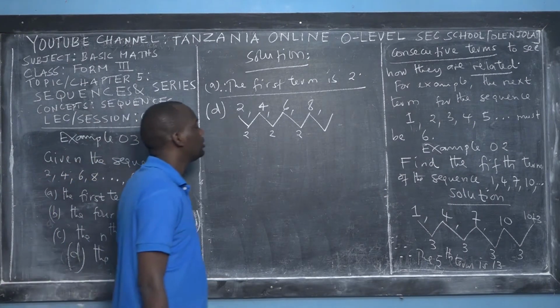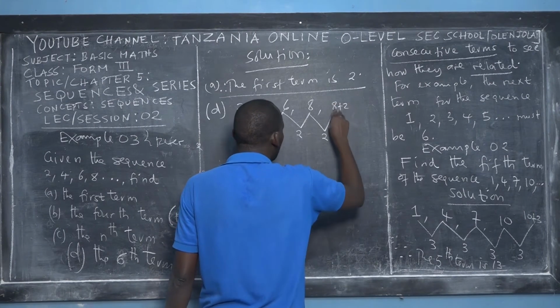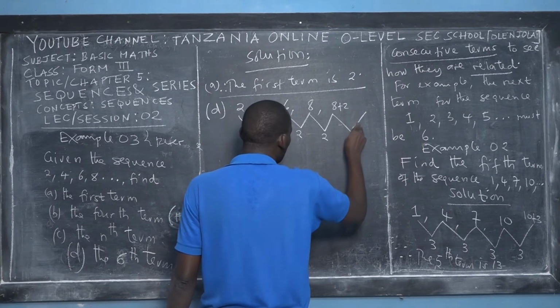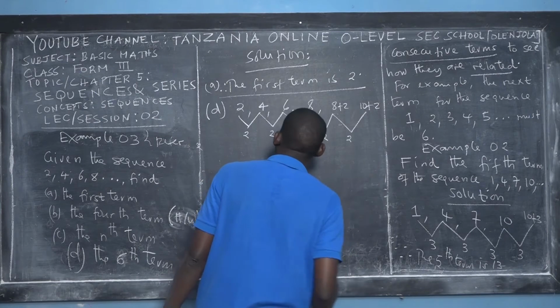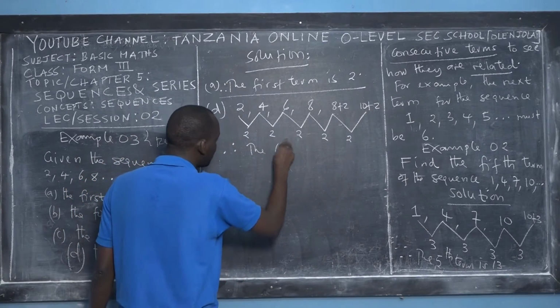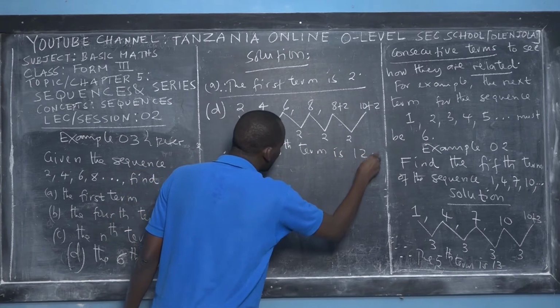So even here the difference is 2, so it will be 8 plus 2. And then the difference between the fifth term and the sixth term should be 2. So 8 plus 2 is 10, so it will be 10 plus 2. Therefore we say that the sixth term of that sequence is 12.